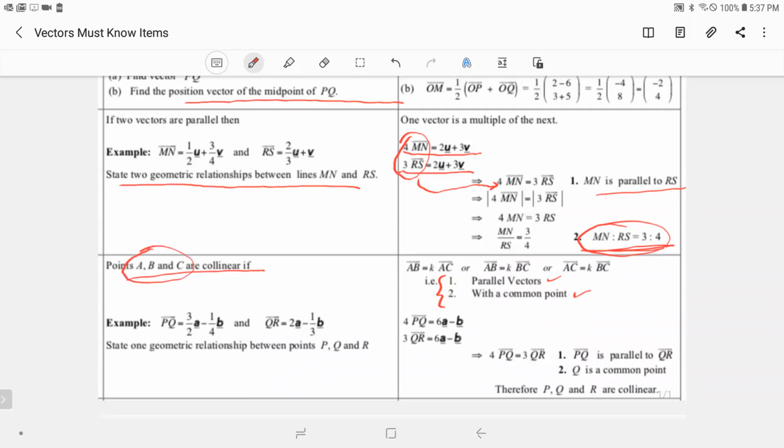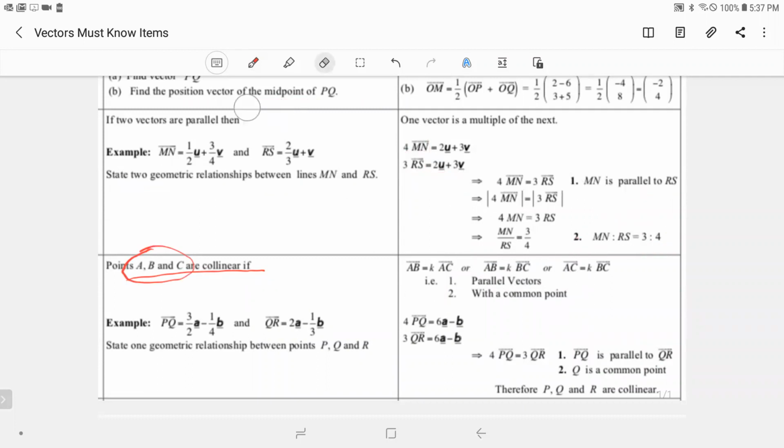What is not on this must-know sheet are the steps that we use to show that the vectors are parallel. What are the steps? 1, get rid of any fraction. 2, multiply up the small one to equal the large one. 3, equate and simplify. By the time you do that, you will end up with an equation, for example, like this.